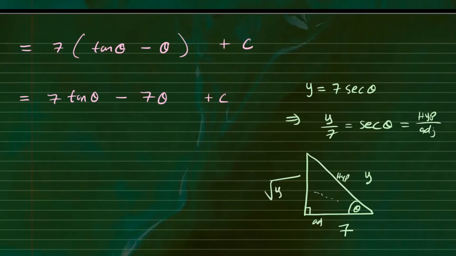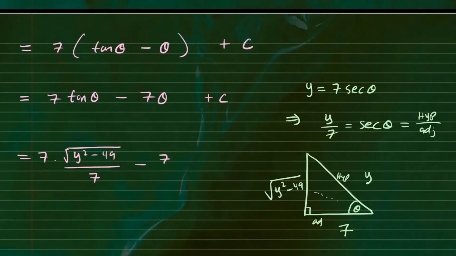So that's y squared minus 49. And now we can figure out what tangent theta is. Tangent is opposite over adjacent. This would give us 7 times the square root of y squared minus 49 over 7, minus 7 times theta.